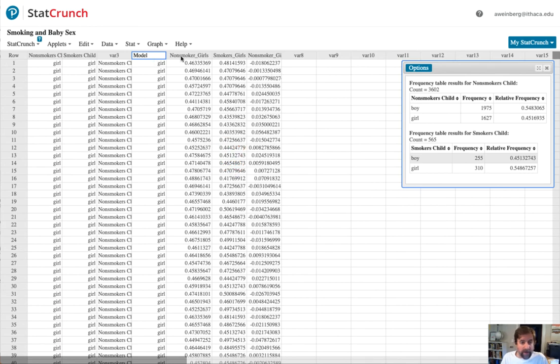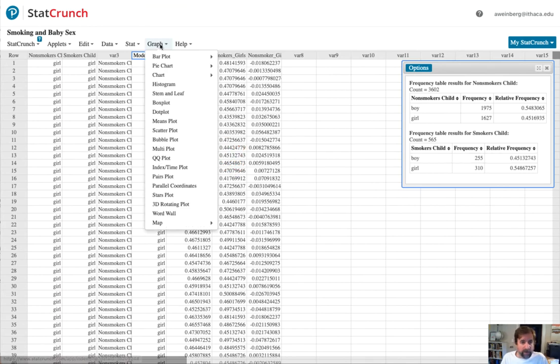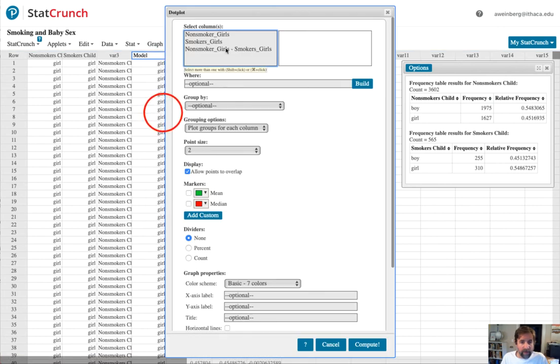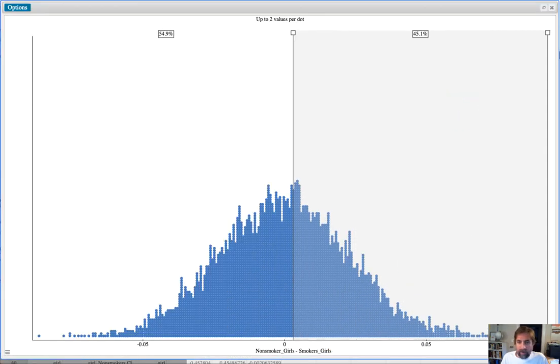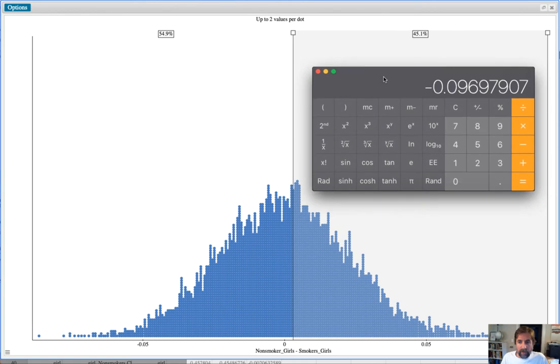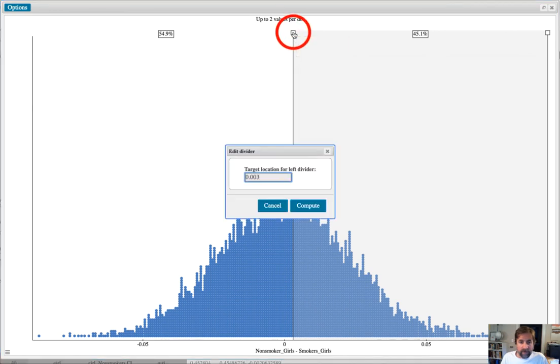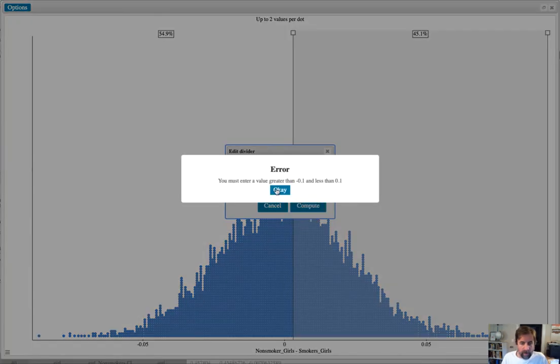So now let's visualize it. We'll make a dot plot of the differences. Now I'm going to make percent here. Okay, here's our dot plot. I'll make this big. And now remember, the number we're looking for is negative 0.09697907. So I'm going to take this handle and set it there.